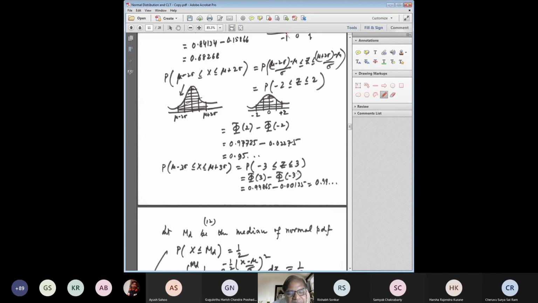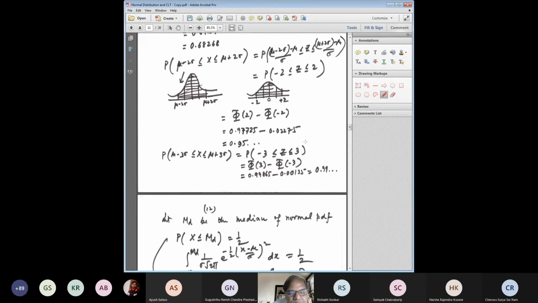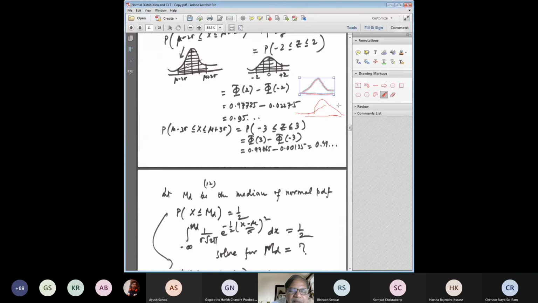So phi of 3 minus phi of minus 3. नहीं बनेगा, इससे नहीं बनता. तो एनीवे, हाँ, तो ये हो गया. तो माइनस 3 ऐसे नहीं बनेगा. सो एनीवे यू कैन लुक एट. सो माइनस 3 extreme in this side on the left side and plus 3 on the right side.